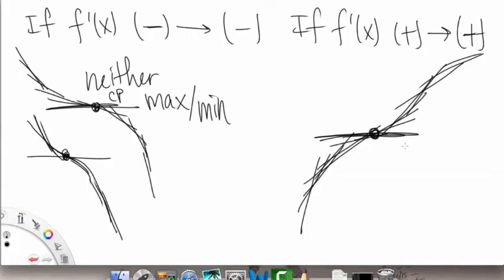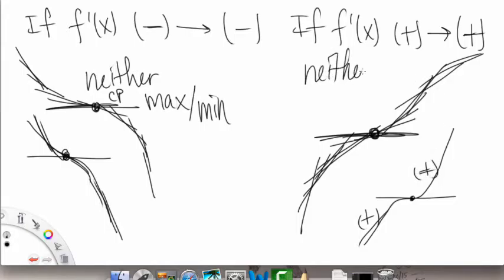That gives us another S-looking shape that levels off and keeps going up. Here the first derivative might be 0, but it doesn't really matter because our first derivative keeps staying positive. So this is also neither a max nor min.